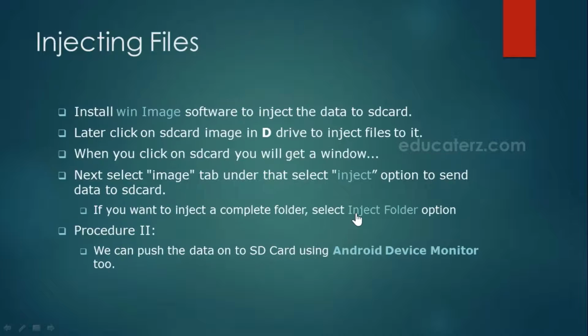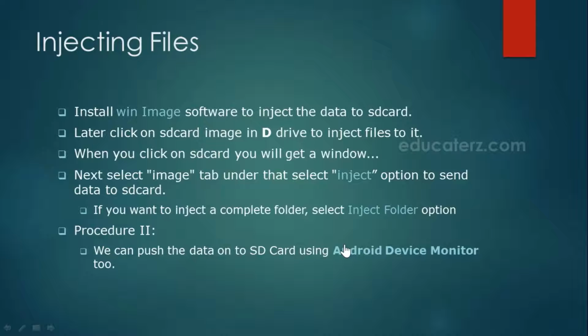After creating that, we should insert data into that SD card. There we'll find two options. One is directly through your Android virtual device file explorer or Android Device Monitor, where we will push the data.